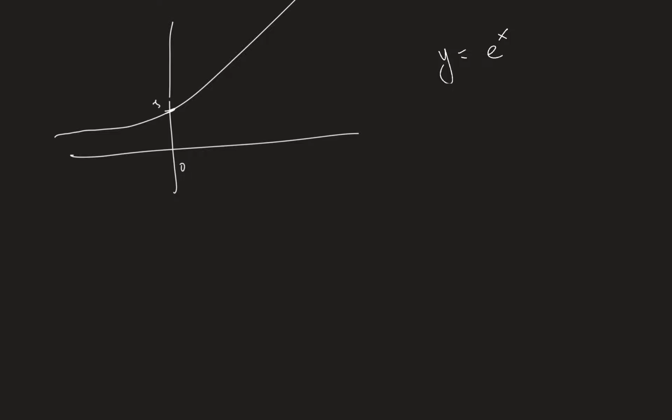Imagine you want to approximate the function by a tangent line. What will you do? Suppose that I want to approximate the function at the point x equals 0. At the point x equals 0, the function looks like this, but I may approximate the function by the tangent line. So this is the tangent line. And the tangent line is the function y of x equal y0 plus m times (x minus x0).